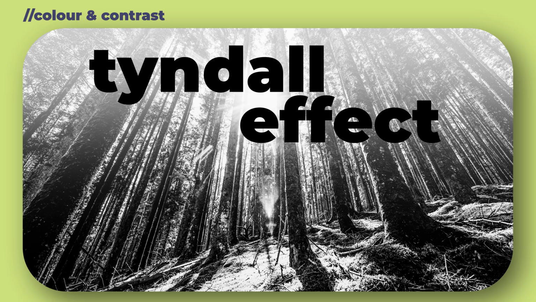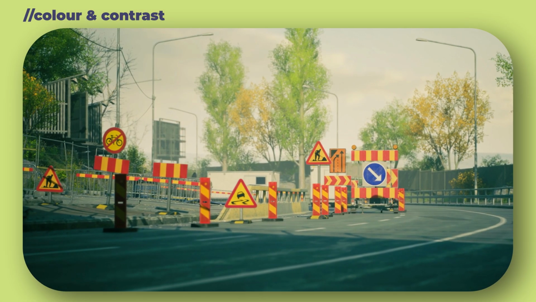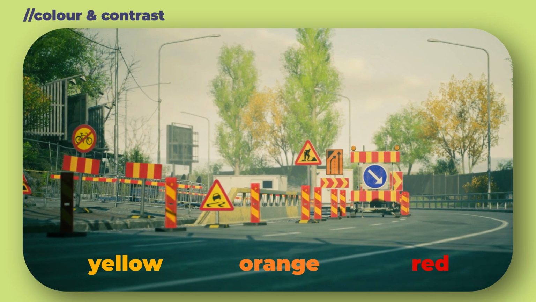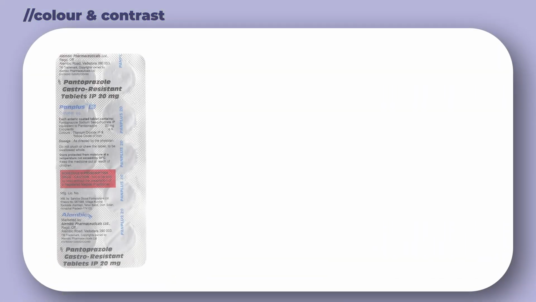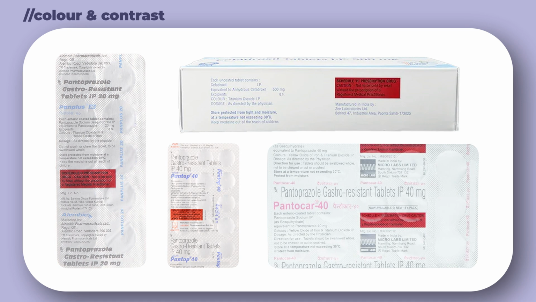Designers everywhere leverage contrast. Google Maps uses a vivid blue line to mark the active route, while all other roads are grayed out. Road safety signs rely on stark yellow, orange, or red for maximum visibility. Pharmaceutical packaging often highlights warnings or dosage instructions in red text against a white background, drawing the eye to critical details.